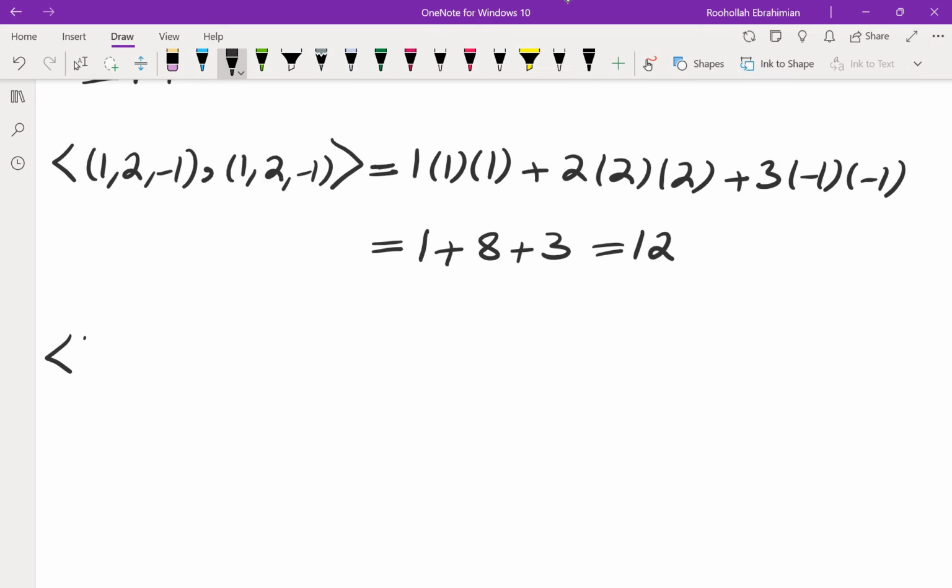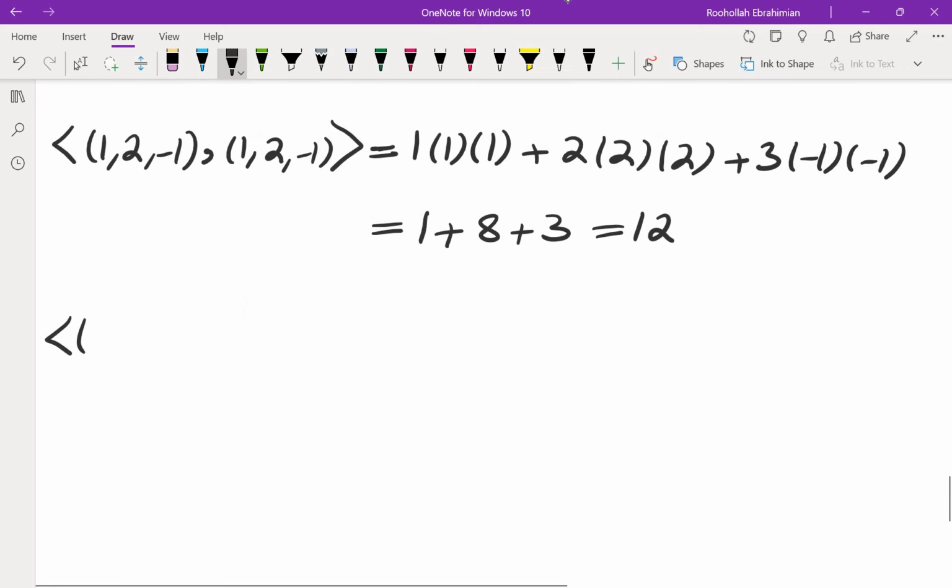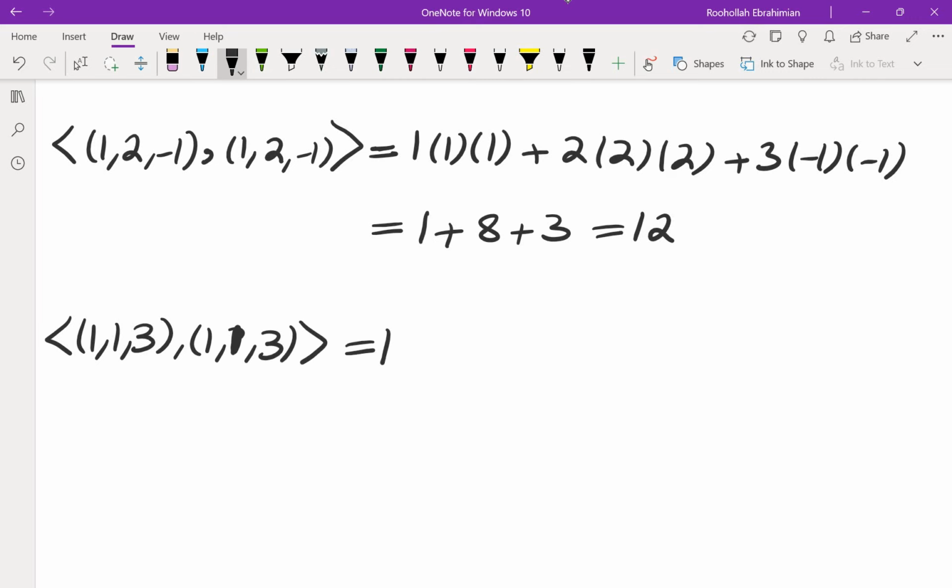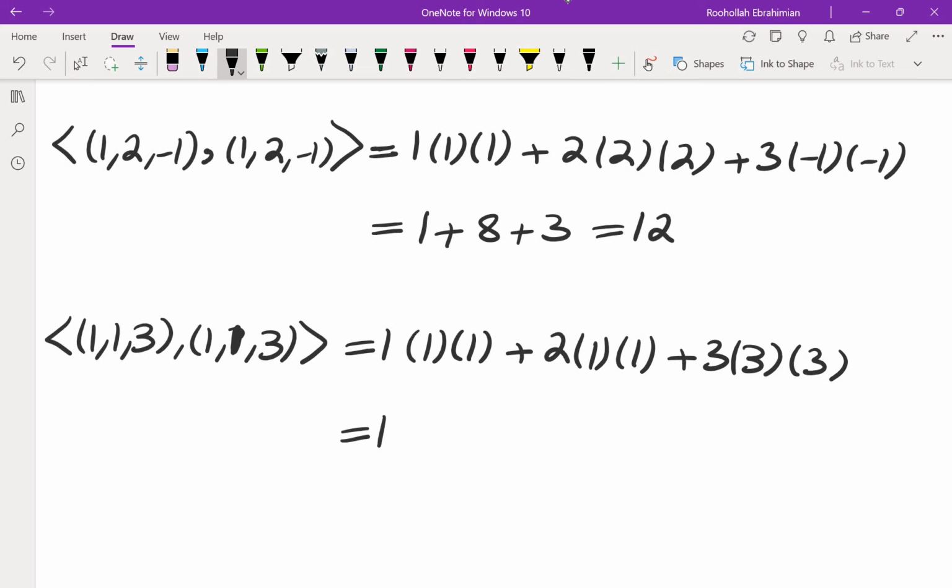Then we will do the inner product of the other one with itself, which is (1, 1, 3) with itself: 1 times 1 times 1 plus 2 times 1 times 1 plus 3 times 3 times 3. That is 1 plus 2 plus 27, which is 30.